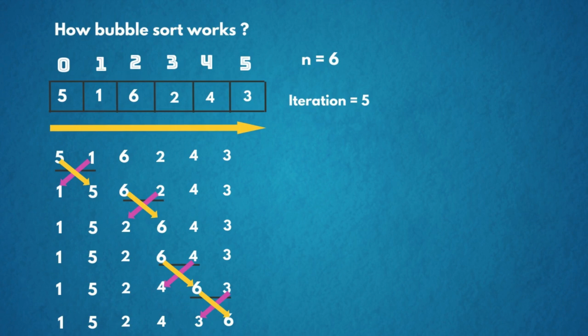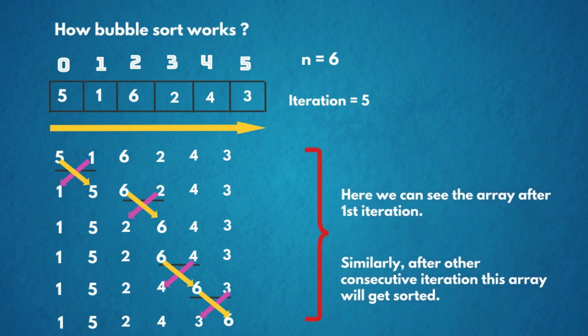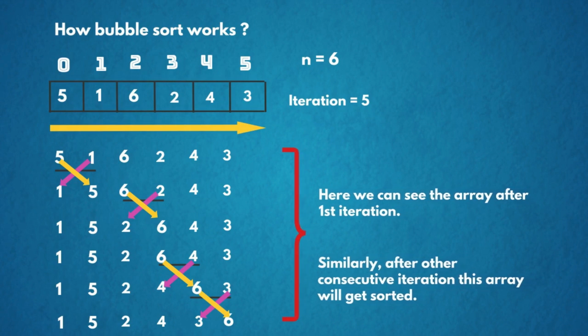That is, we have 6 at that position. So we need not compare 6 with the rest of the elements. The position of 6 is fixed in this array. Now we need to repeat the same steps for the rest of the 5 elements, those are 1, 5, 2, 4, 3, because at the end of the first iteration we have the array as 1, 5, 2, 4, 3, 6 as shown in the slide.